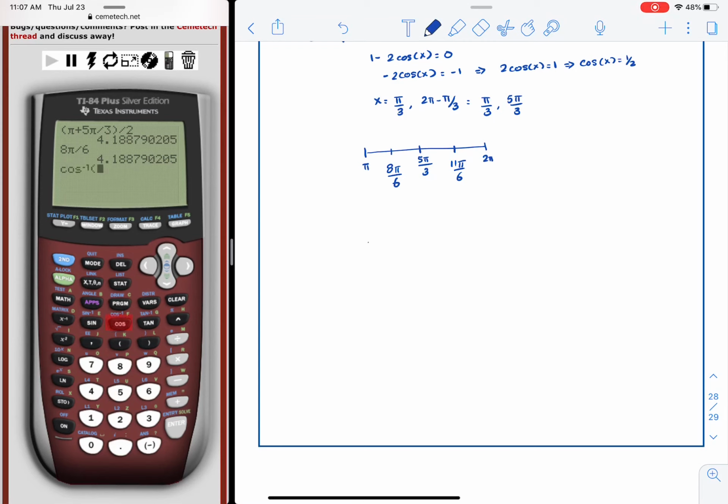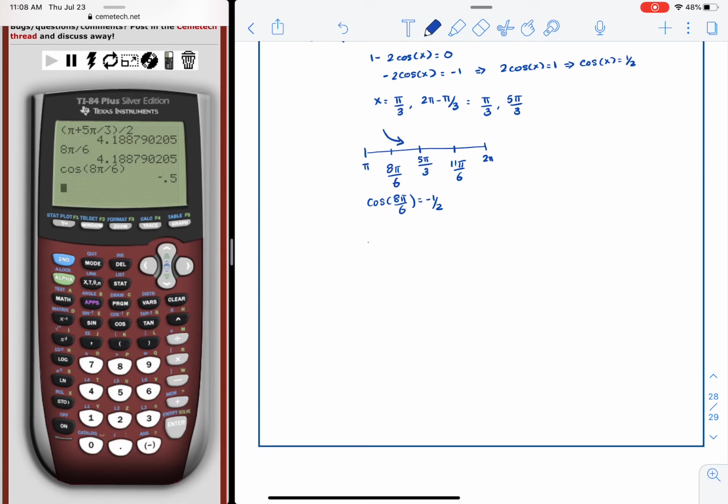So cosine 8 pi over 6 is negative, so it's going to decrease.